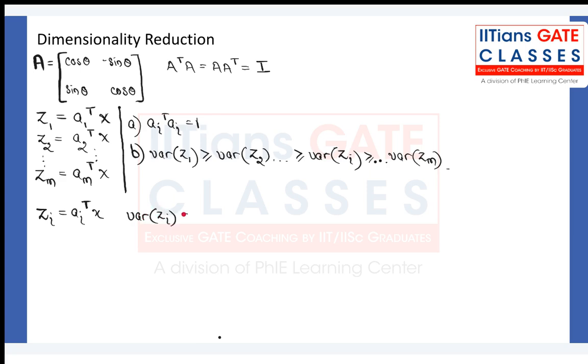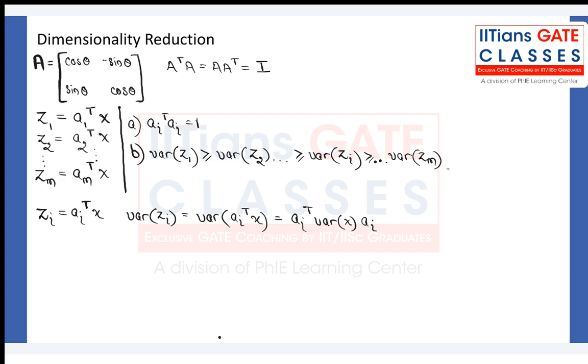The variance of Zi is nothing but the variance of AI transpose X. And I expect some background in statistics. Again, I'm not going into the basics of variance, how to calculate it and all. This is AI transpose the variance of X AI.